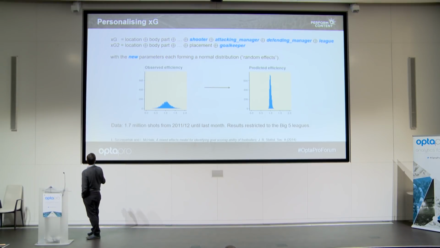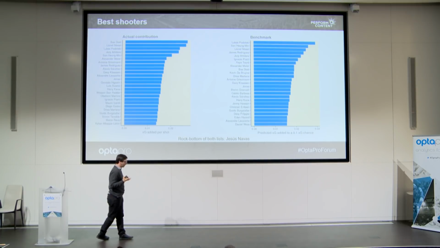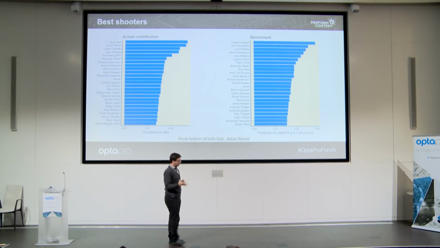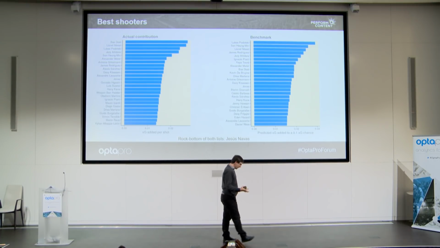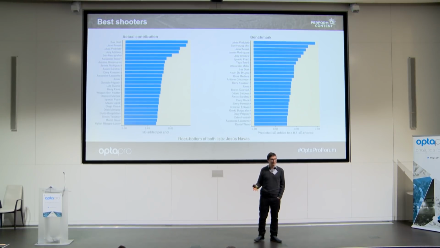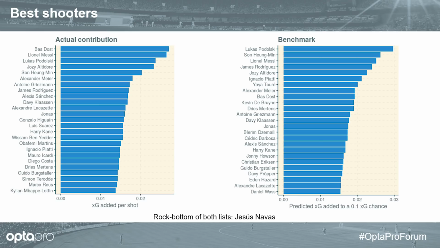OK, so let's have a look at some results. This is what the model thinks about the shooters. On the left-hand side, you have the best shooters in that data set arranged in terms of how many XGs they add to each shot that they have taken.